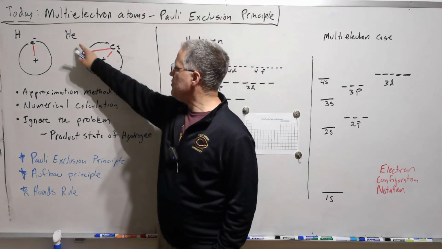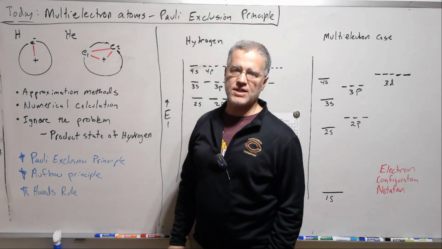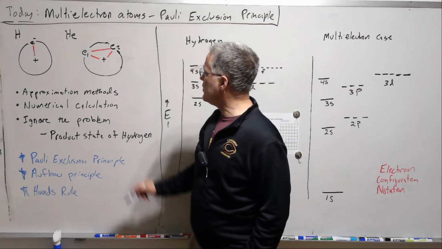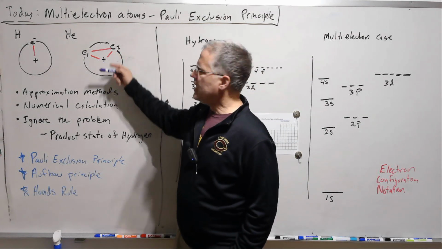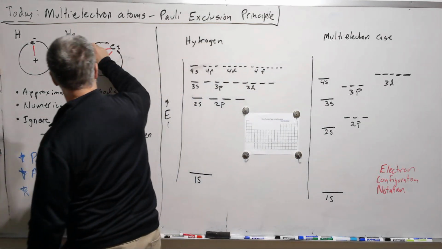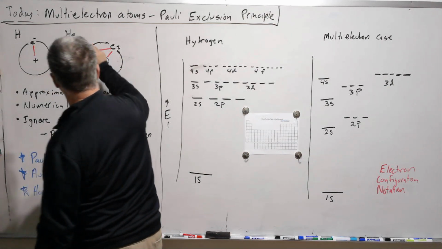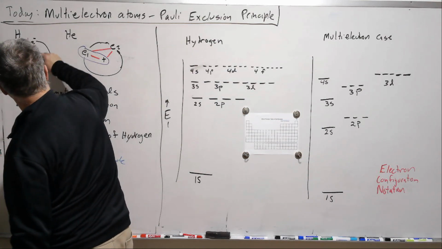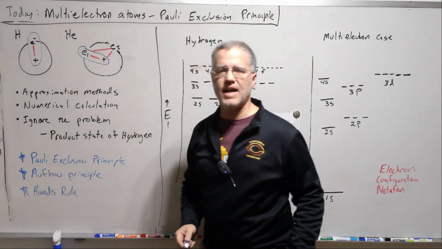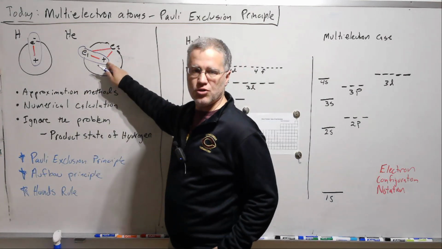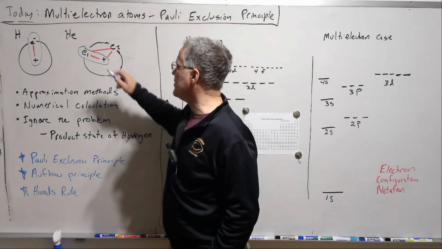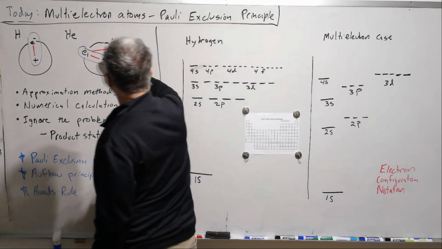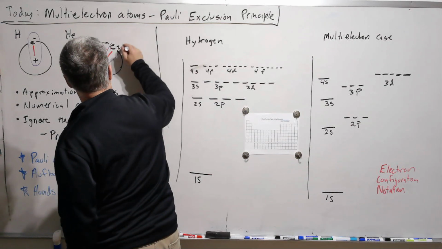Now, when we go to helium or any other multi-electron atom on the periodic table, we introduce another electron. And we still have the electron-nucleus interaction, which is identical to this, with the slight exception that now there's multiple protons here as well. So for helium, there'd be two here. And we have this.